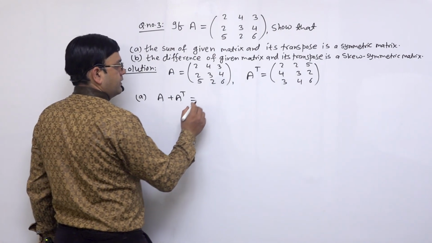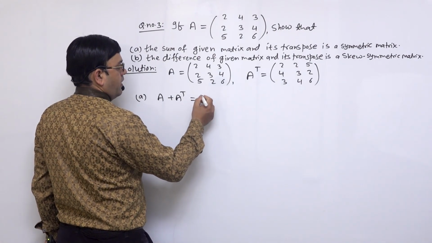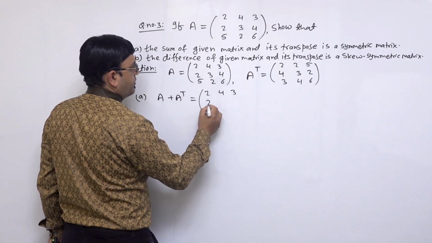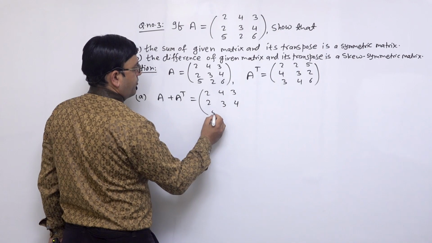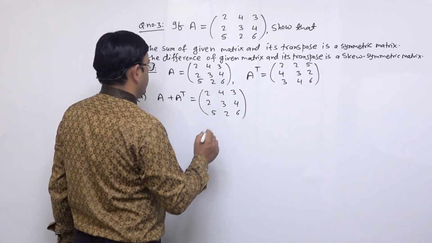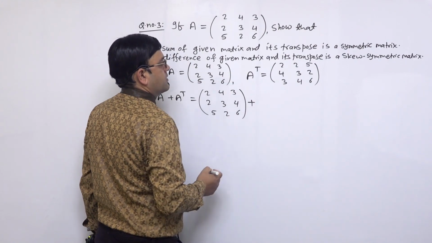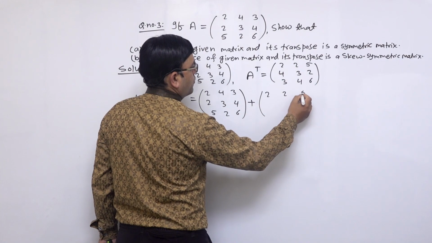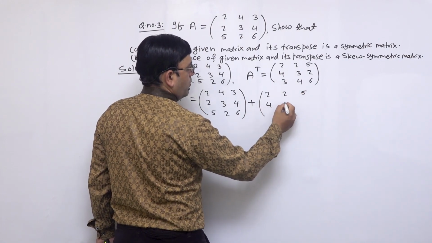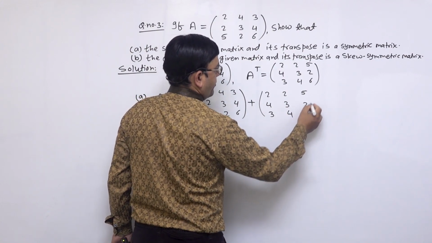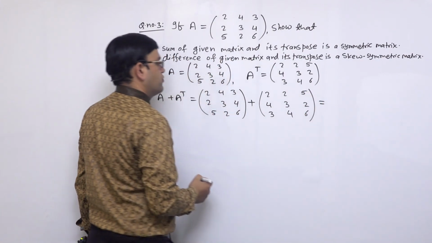So here we have A, which means 2 4 3, 2 3 4, 5 2 6, plus A transpose, which is 2 2 5, 4 3 2, 3 4 6. Let's add these two matrices.